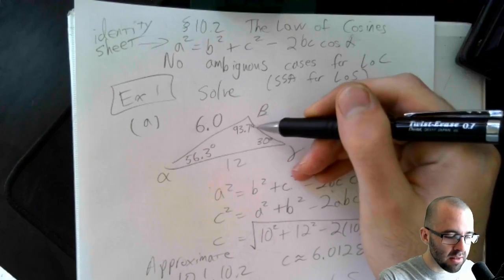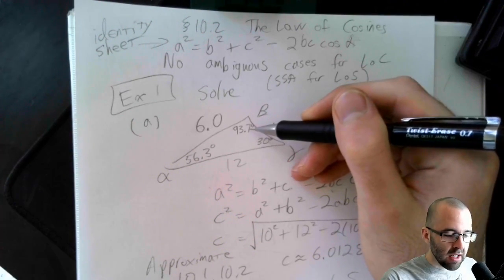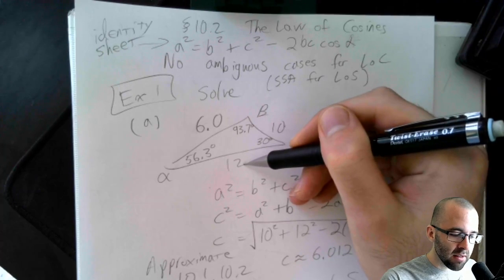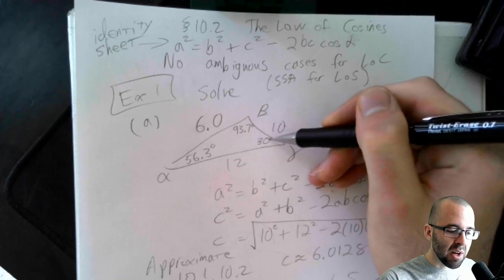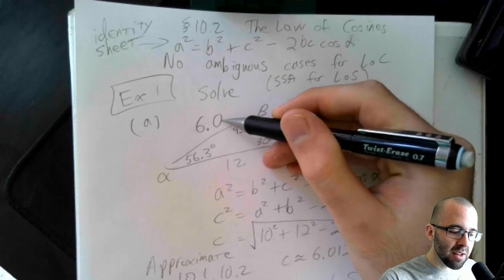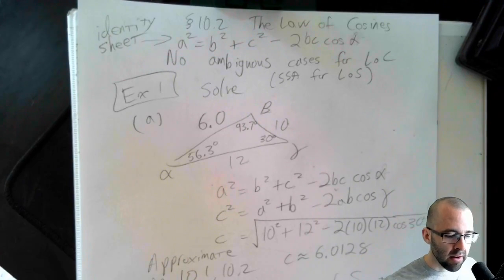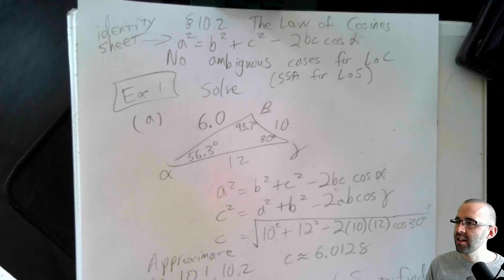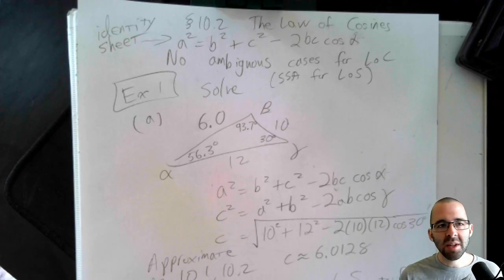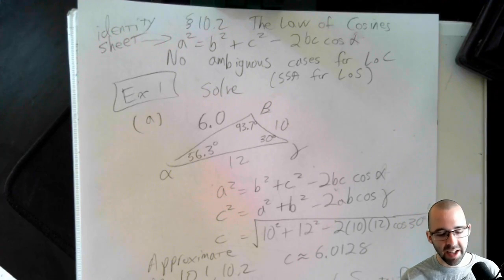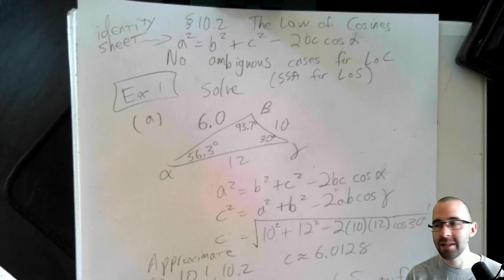What's the biggest angle? 93.7. Is that opposite the biggest side? 12 is the biggest side, good. Smallest angle is 30 degrees. Is its opposite side the smallest side? 6? Yeah, good. All right, everything's rounded correctly. We can be reasonably sure that if we made a mistake, we didn't make a huge mistake, probably.